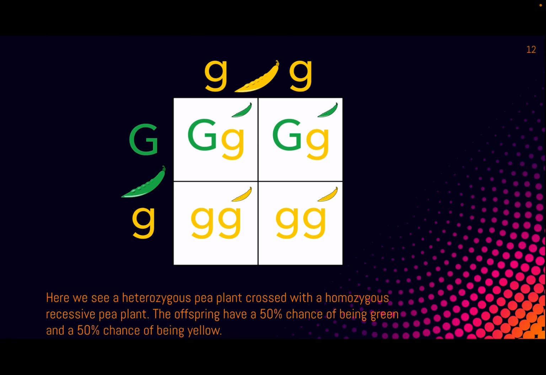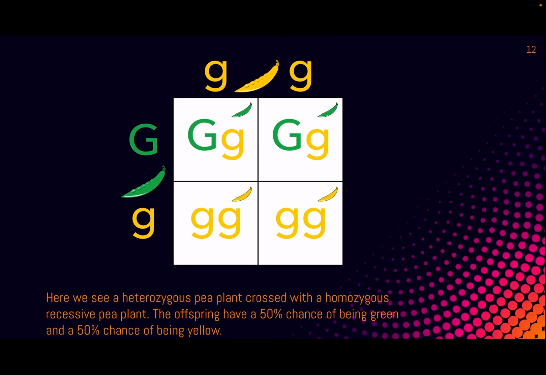The phenotype is a physical characteristic, so the one on the left would be green. The one on the top would have a phenotype of yellow. And then when we cross them, in the top left box, we get big G, little g, and then in the top right box, we get big G, little g. So that means those top 2 boxes would be the 50% chance of a heterozygous offspring.